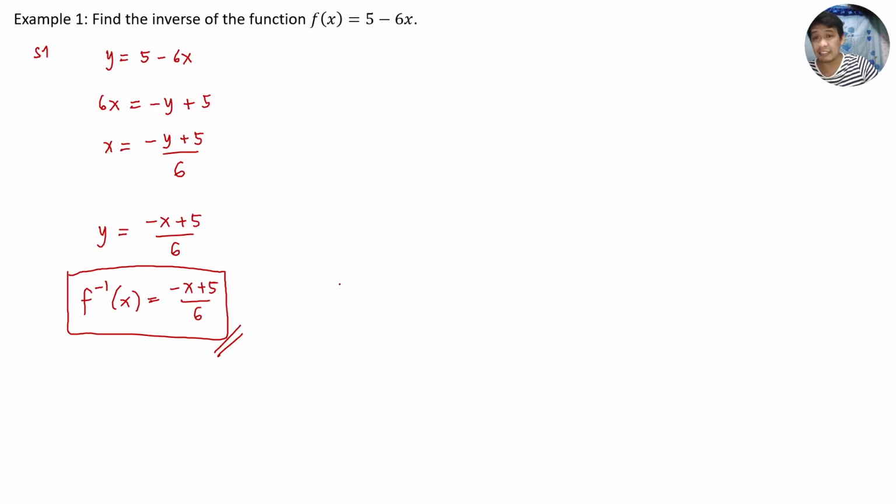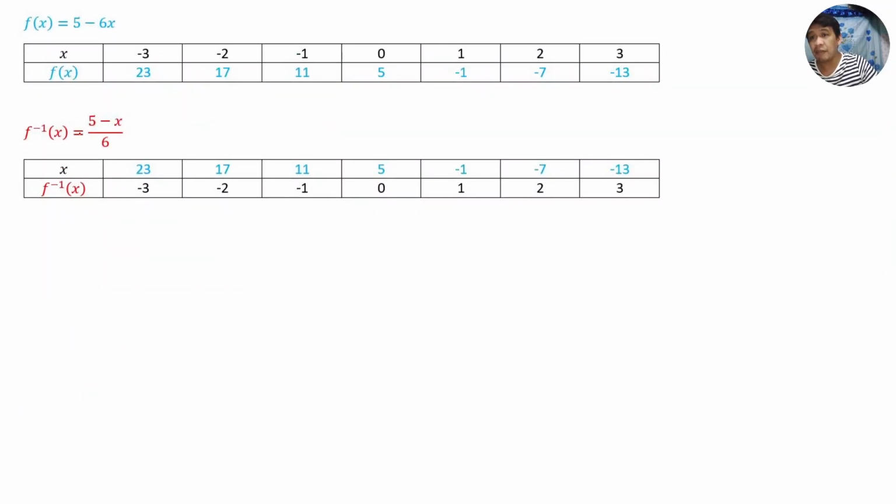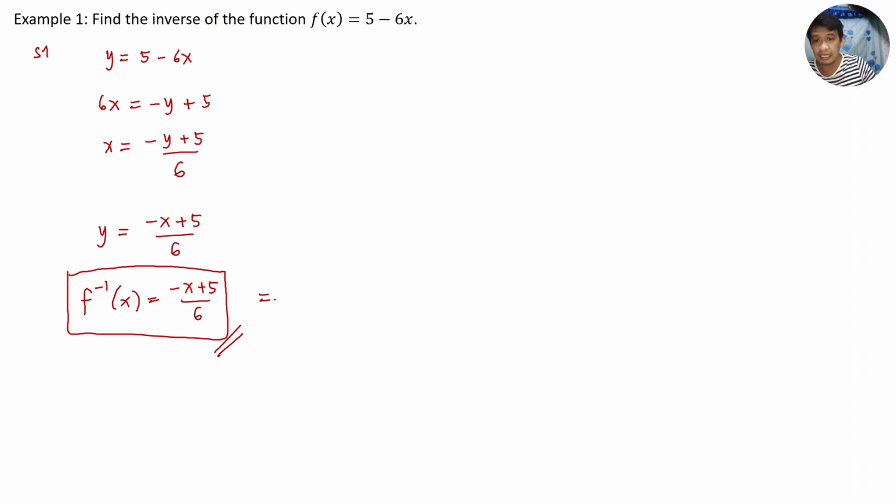Oops! I said earlier that we would illustrate the graph of the function. So we have f of x is equal to 5 minus 6x, and its inverse 5 minus x all over 6, because our function can be written as 5 minus x all over 6.